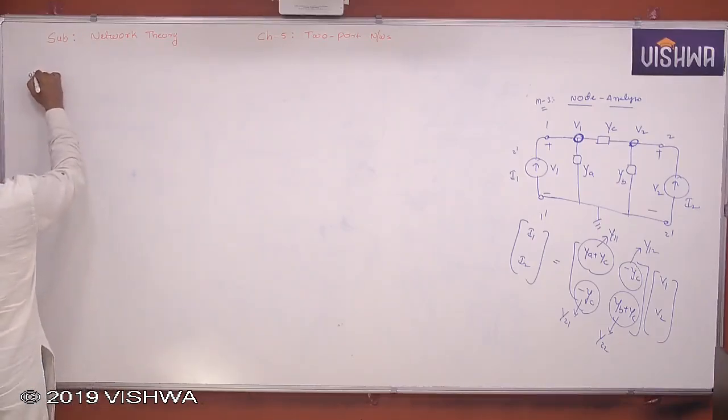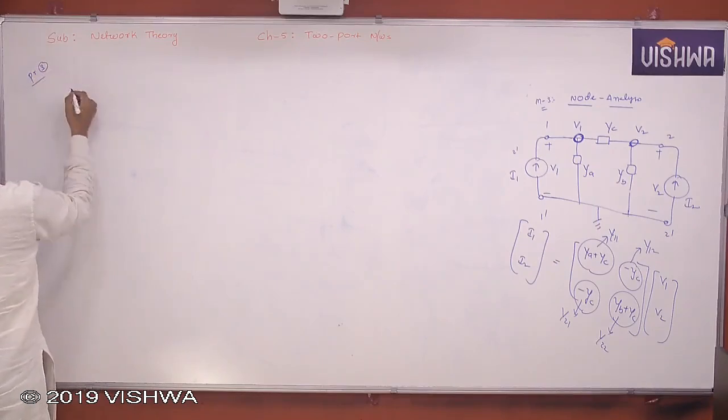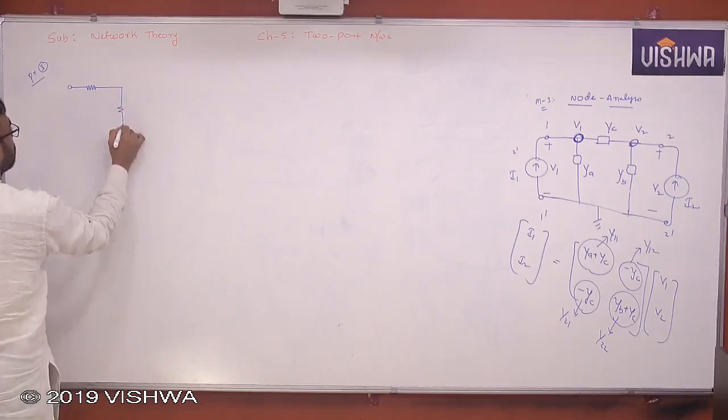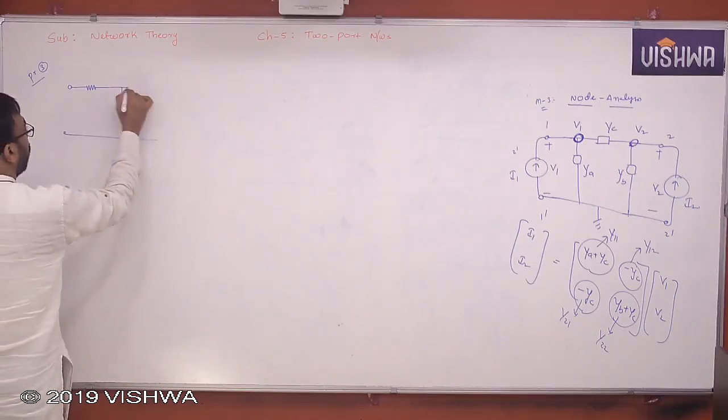Problem number 3. Determine Z parameters of the following bridge.